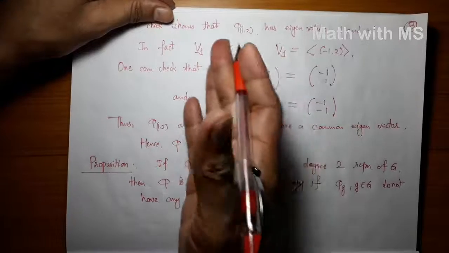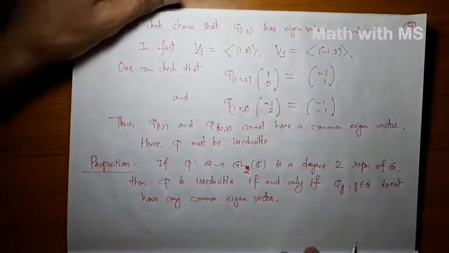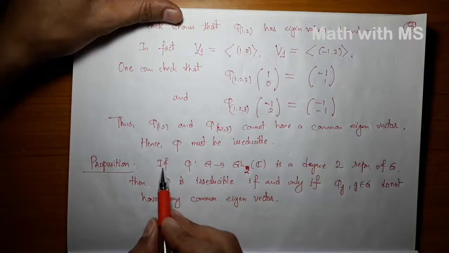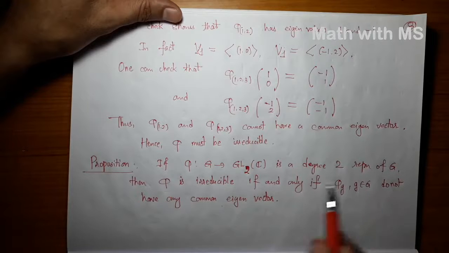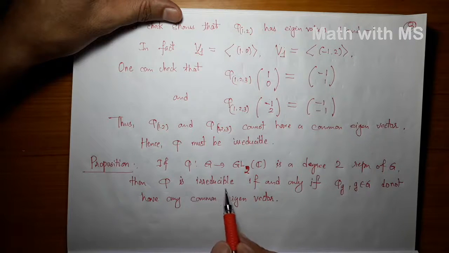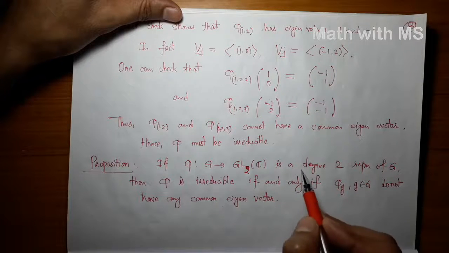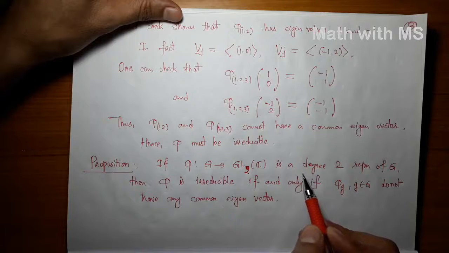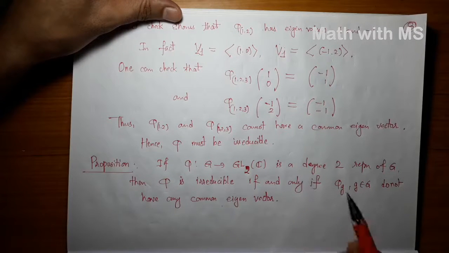So the proof is just exactly what we did in this example. If you have a degree 2 representation of a group G and suppose that it is reducible. So reducible means what? It has a proper G-invariant subspace, which in this case can be only a dimension 1 subspace. So it is generated by one non-zero vector.